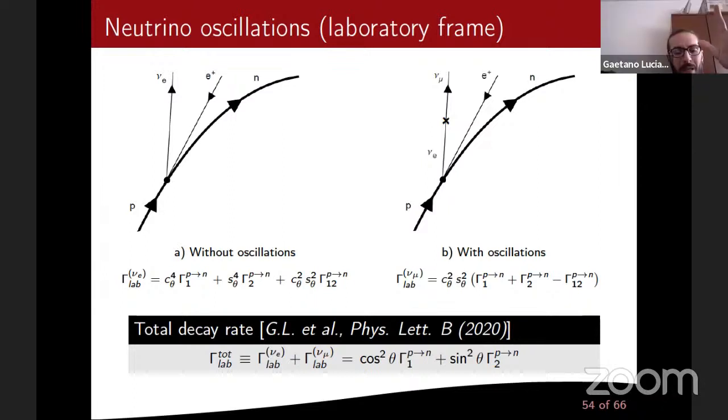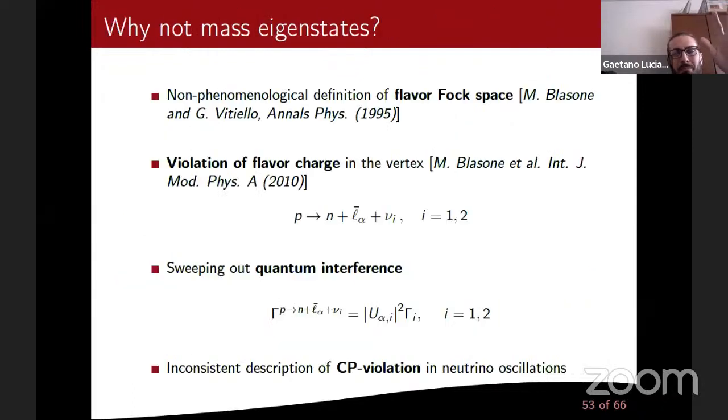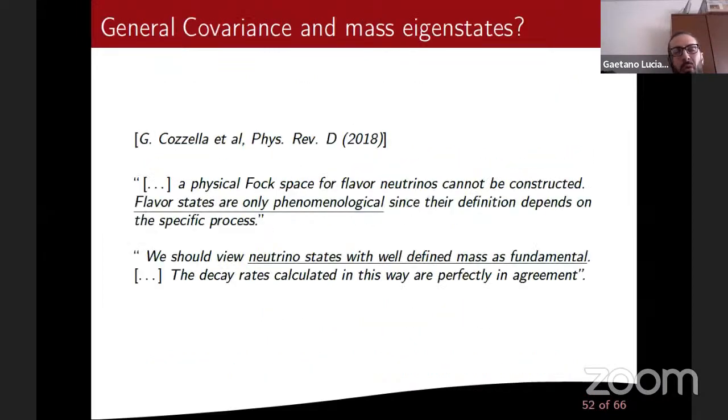Yes, okay. In that paper, they claim that it's possible to recover neutrino oscillation also using massive states. But one of the points I don't share of that paper is that they use this phenomenological definition. They claim that the flavor states can only be defined phenomenologically, in the sense that the definition of the flavor states depends on the specific process you are considering.